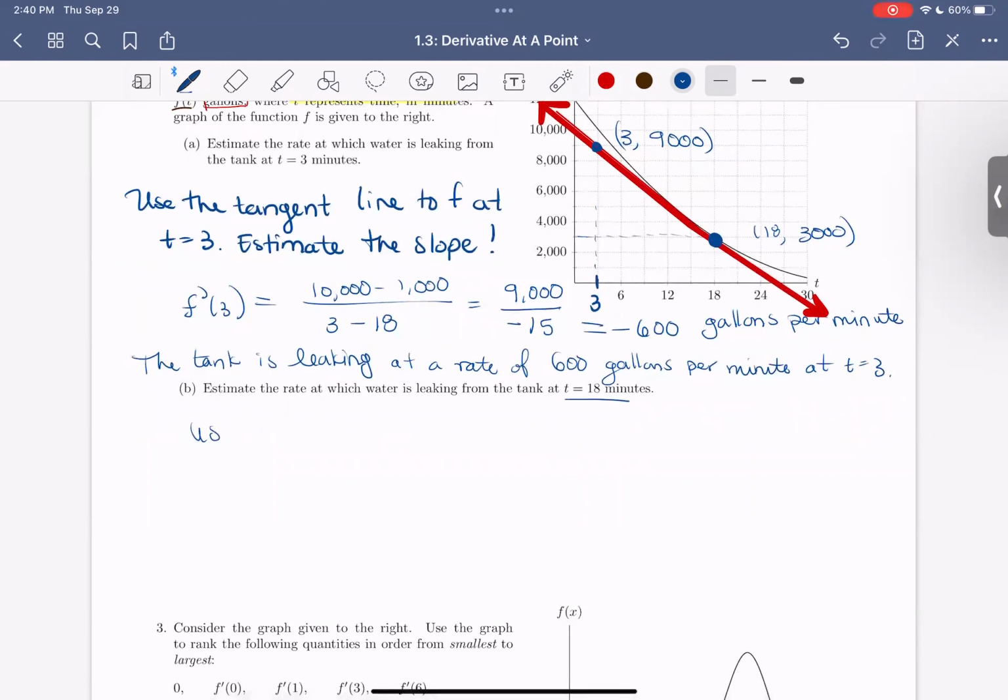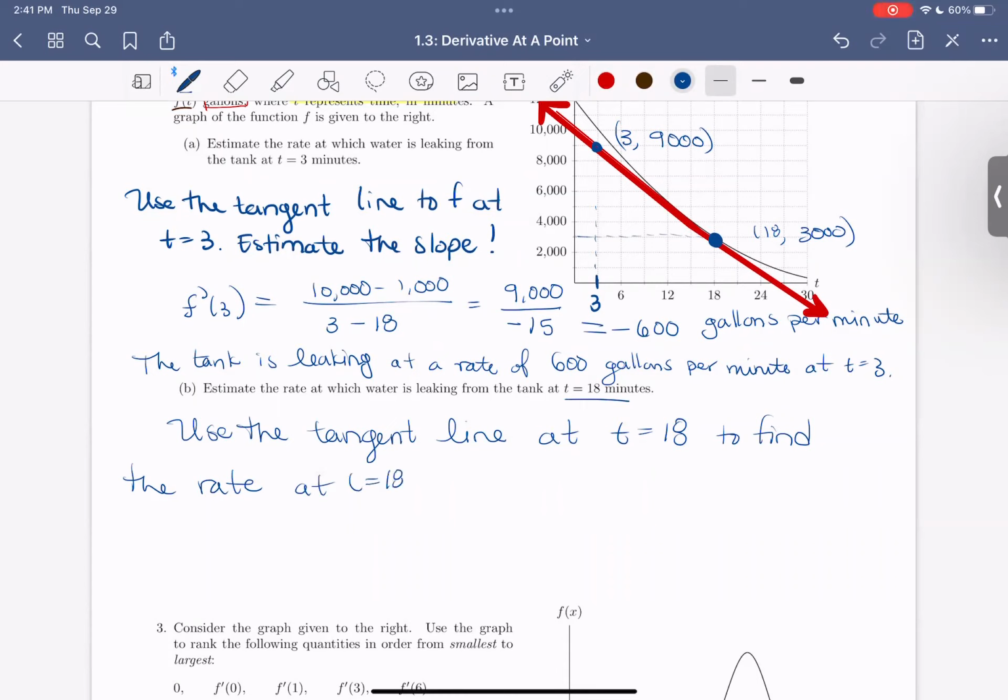So again, we're going to use the tangent line at t equals 18 to find the rate of water leaving the tank at t equals 18.